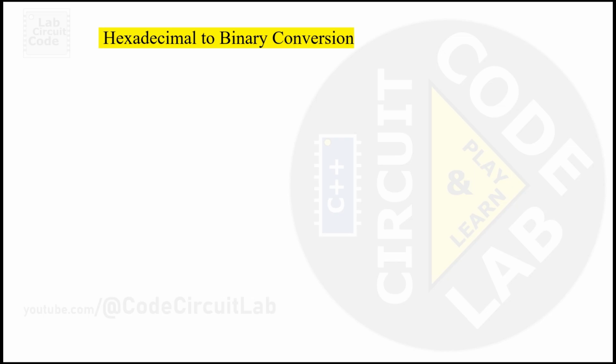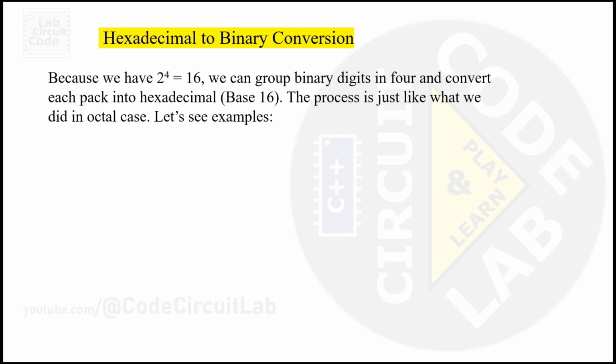Now let's try to convert hexadecimal to binary, which is done the same way that we did when we converted octal to binary. Because we have 2 to the 4th power equal to 16, we can group binary digits in 4 and convert each pack into hexadecimal. The process is just like what we did in octal case. Let's see examples.